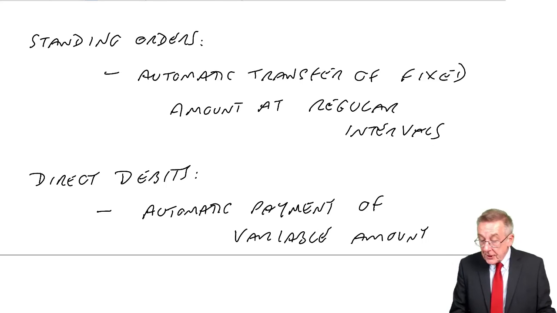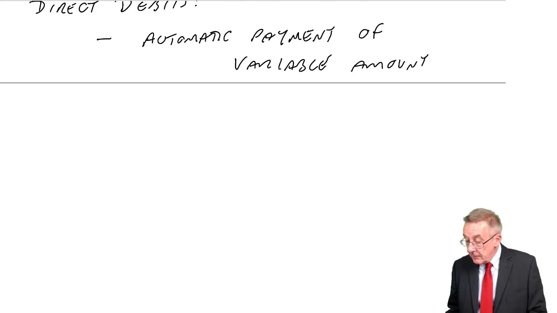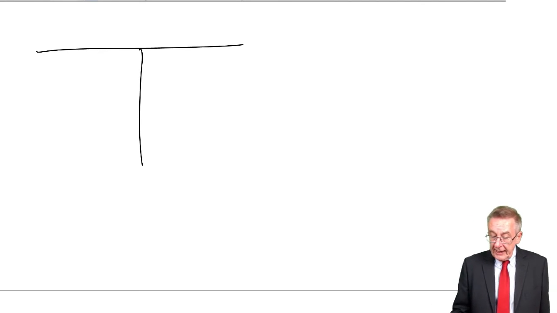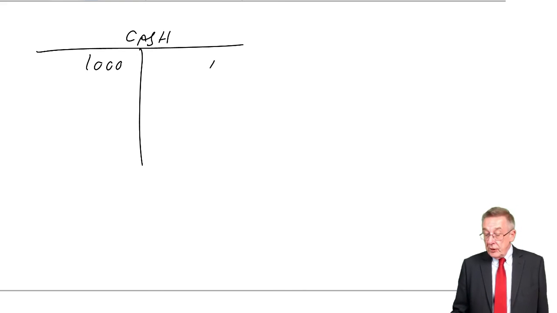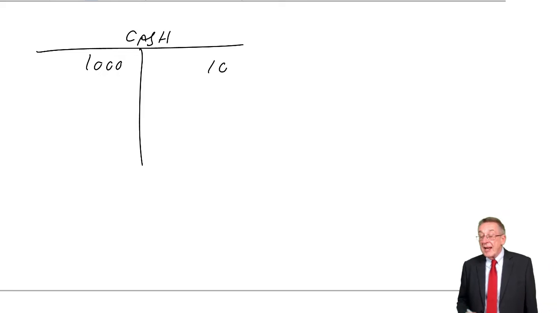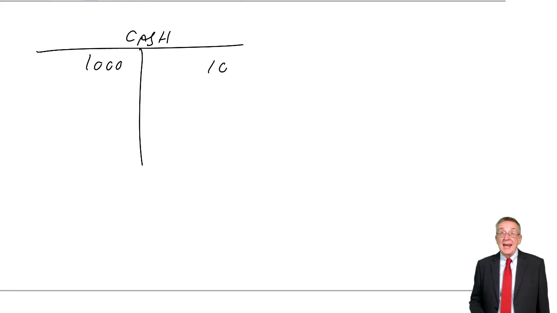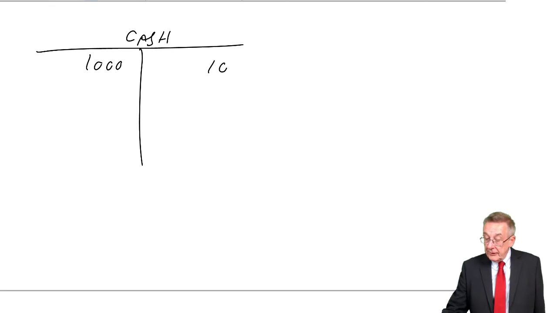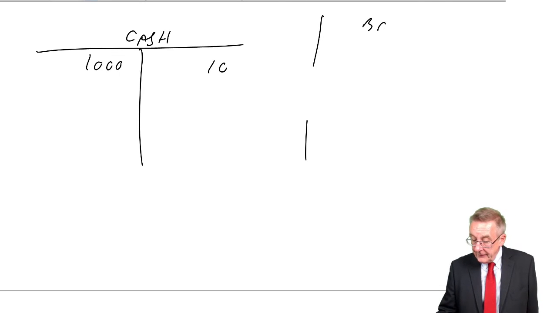One is obviously cash book errors and omissions. If I've made a mistake, you know, I had 1,000 in cash. I pay out 100 and I automatically enter 10. I accidentally enter 10 when I really paid 100. Well, the bank, of course, was 1,000.